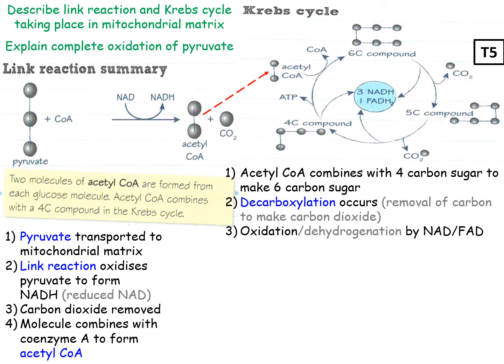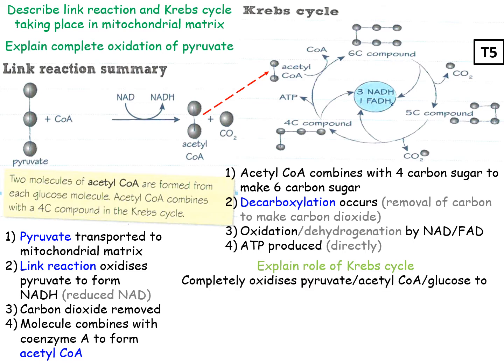It then gets oxidized by NAD and FAD, which are electron carriers. So NAD and FAD get reduced. ATP is also produced directly in the Krebs cycle.